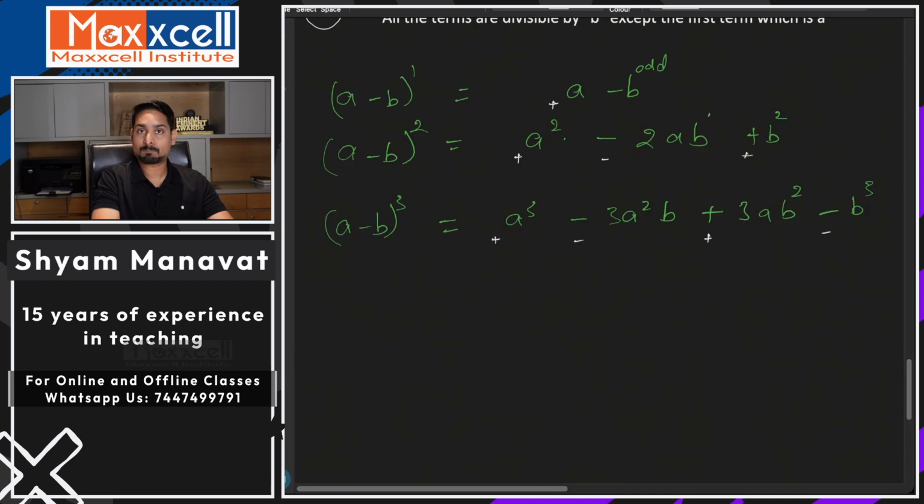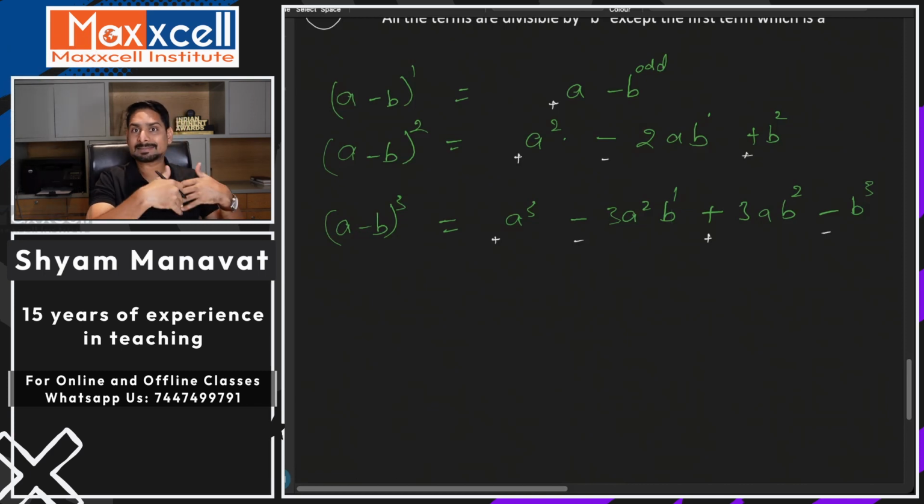B to the power 1, odd, you got negative sign. B square, even, you got positive sign. B cube, power of B is odd, you got negative sign. So for every odd power here, you are getting negative sign.